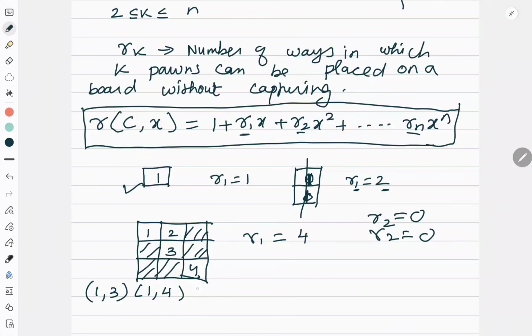Right. Now let us check 2. Can I place 2 with 3? No, I can't place. They will capture. They are in same column. Now can I place 2 with 4? Yes, I can place. Because they are not in same row or column. Now come to 3. Now 3 with 4. Yes, I can place. So R2 value for this board is 4. Understood? Same way if you make this small board.